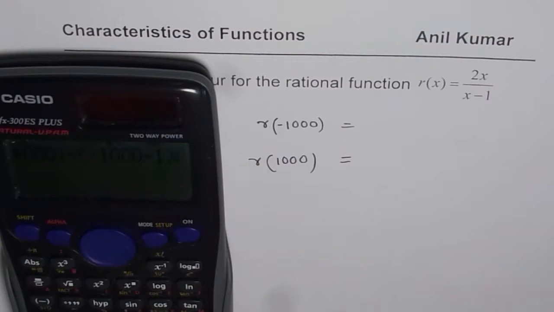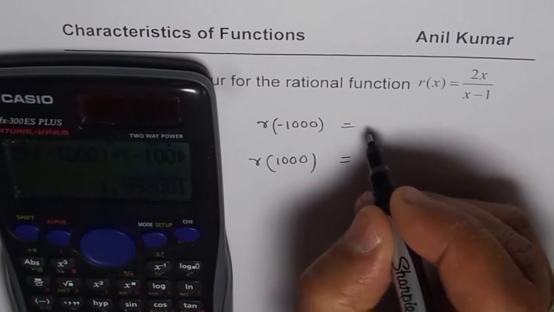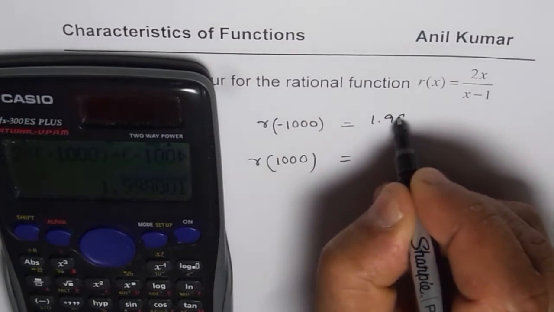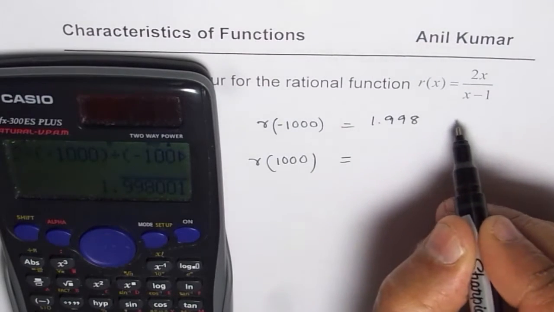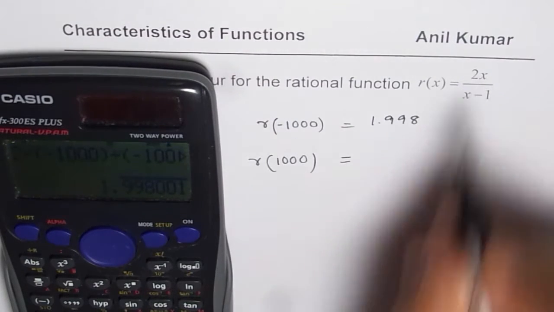So we get a value 2000 over 1001, which is slightly less than 2, correct? Let's convert to decimals. We get a positive value, which is 1.998. Anyway, it is approaching 2 from the lower side, slightly less than 2.